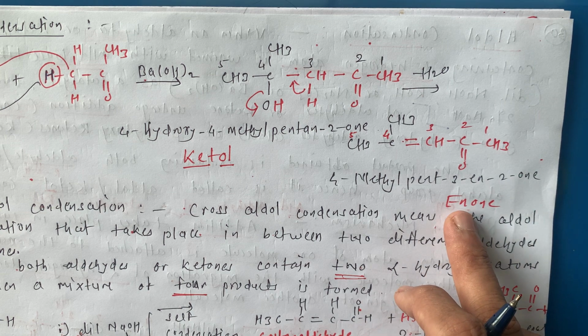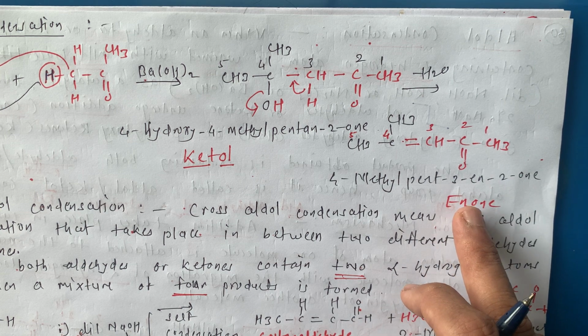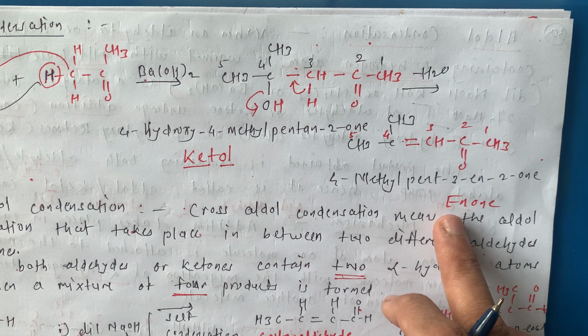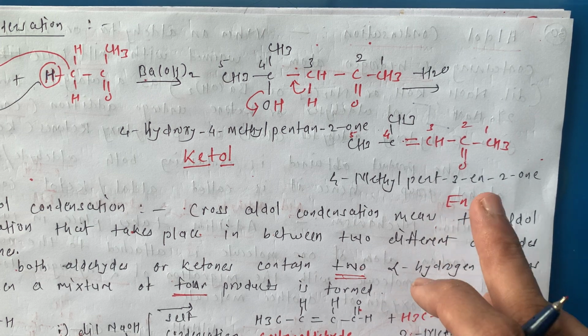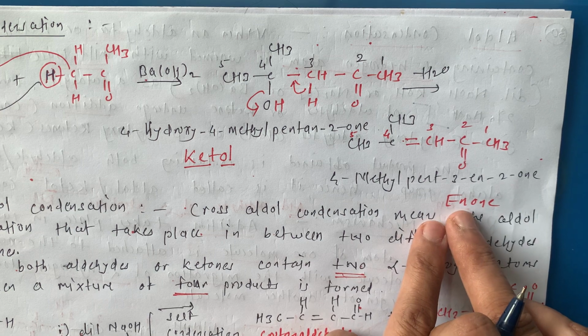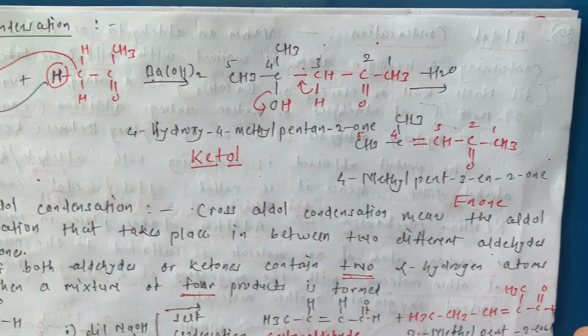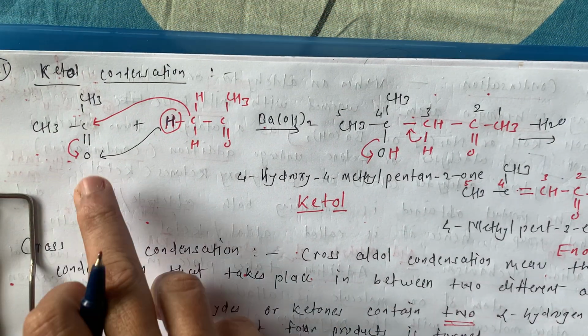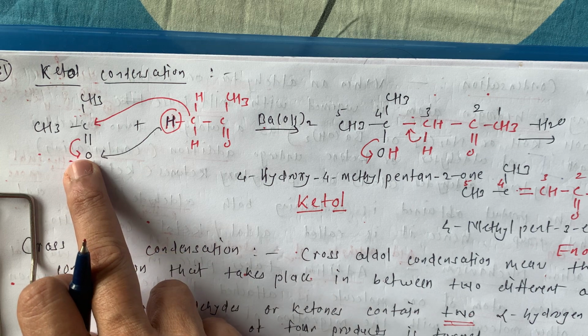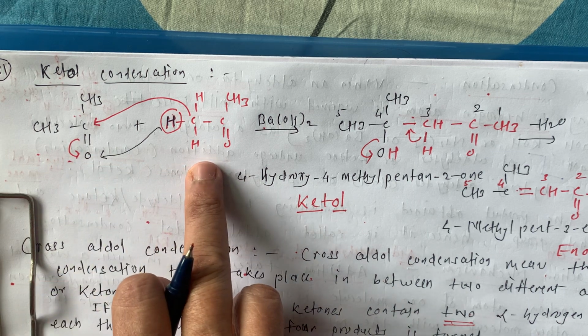Only how to remember it is your question, your problem. Try to understand how to keep in mind the word enone. Now what is going to happen? See here, this is our first molecule of the ketone. This is another molecule of the ketone.